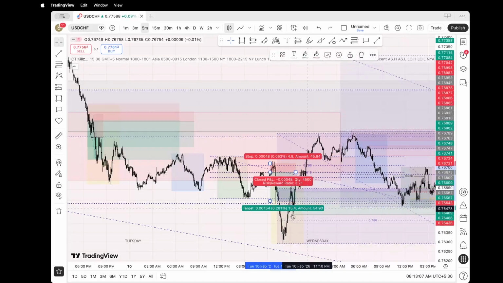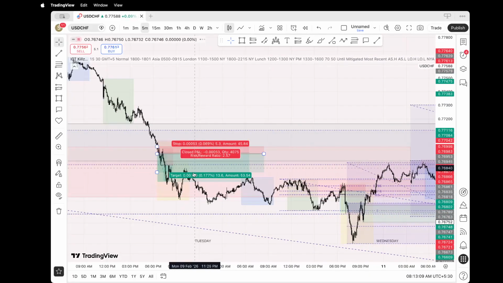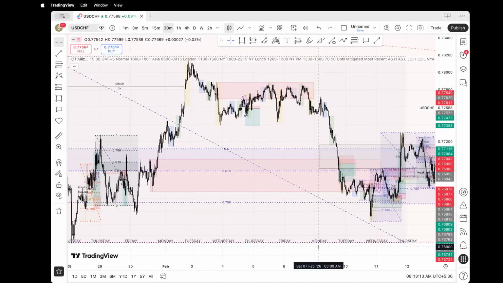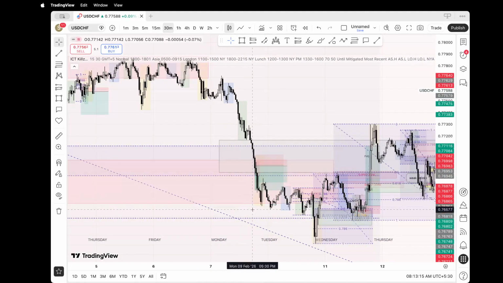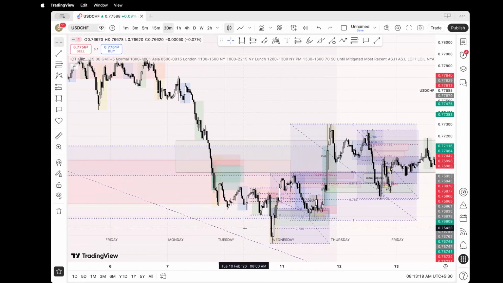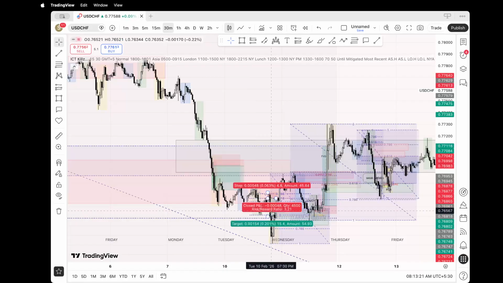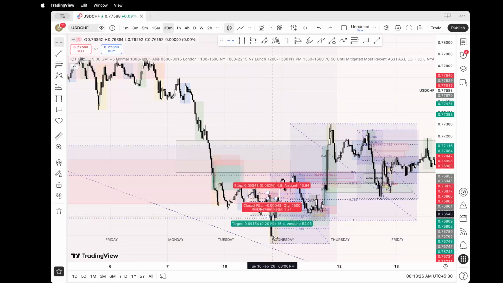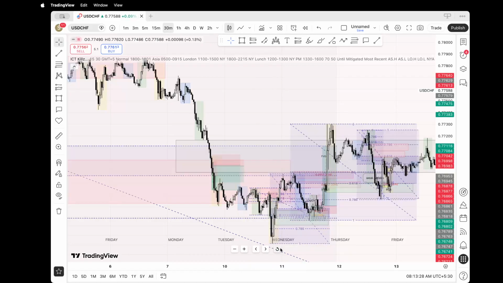That's not bad. So once it failed the order block, if we go to the 30 minute time frame, yes, it did fail the order block, and now it's basically downside to this order block, and we have a good supply zone. And this is one of the good trades that we could have taken.